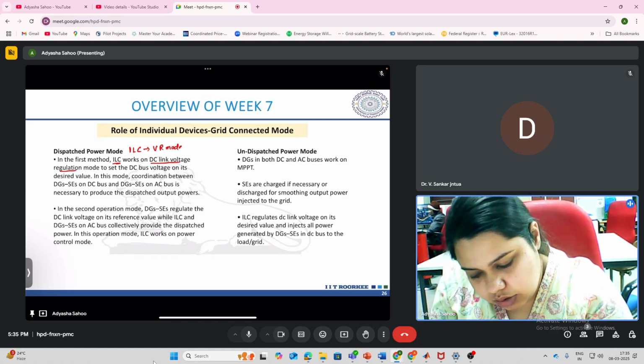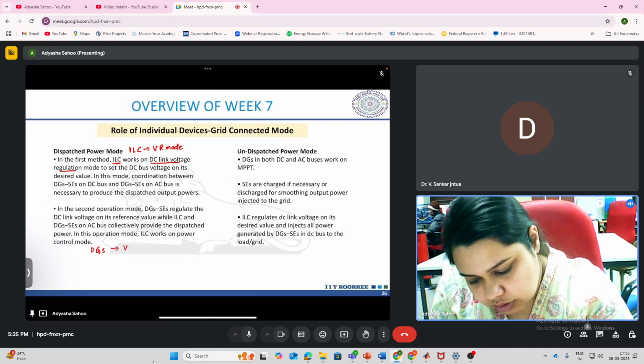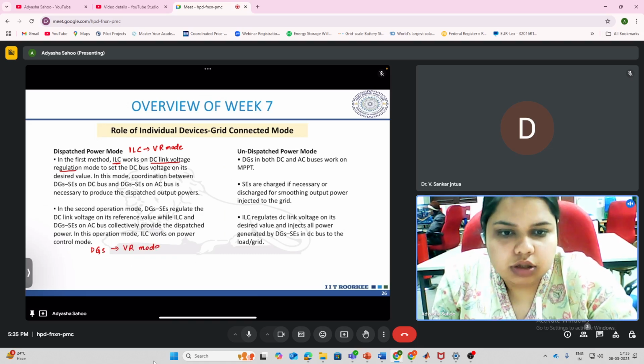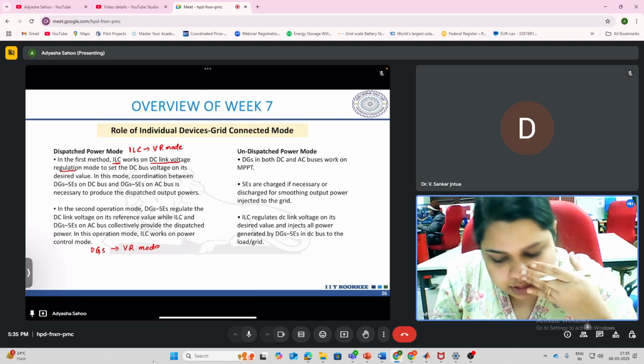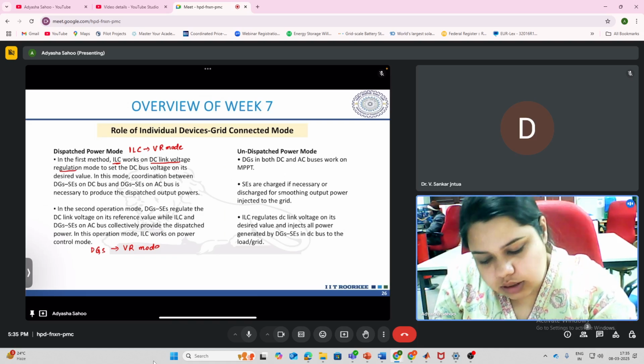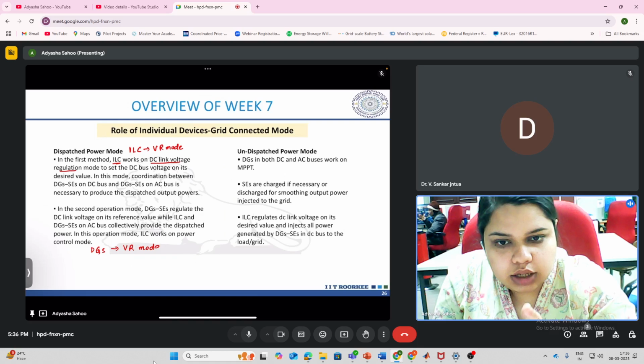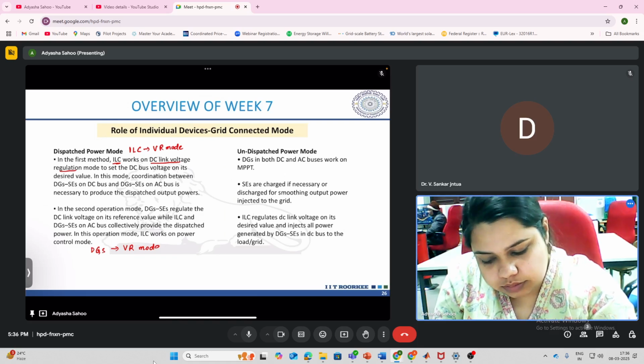But in the second mode of operation, the DGs are in the voltage regulation mode. That means they are controlling the voltage of the reference bus, and other devices, the interlinking converters and other storages, will basically follow this voltage and give the output power.